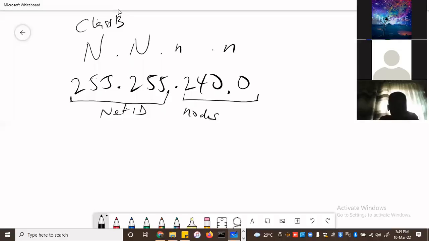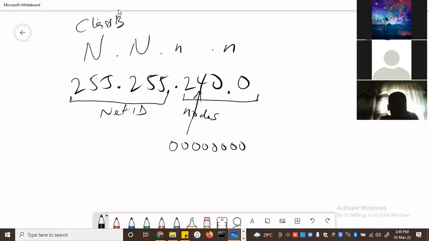So now this is actually 240. 240 is decimal. IP addresses are in decimal. If you want to see it in binary form, the zeros and ones, so you can understand how we got to 240, then you need to break it down to its binary form. It's 8 bits, so it's supposed to be 0, 0, 0, 0, 0, 0, 0, 0.